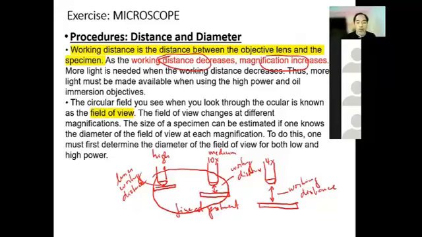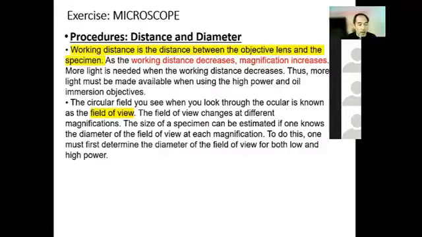Now, the circular field that you see in the microscope. So let me erase my slides. Now, this is what you see in the microscope. This area on the circular view, whatever you see inside that ocular lens, is called the field of view.